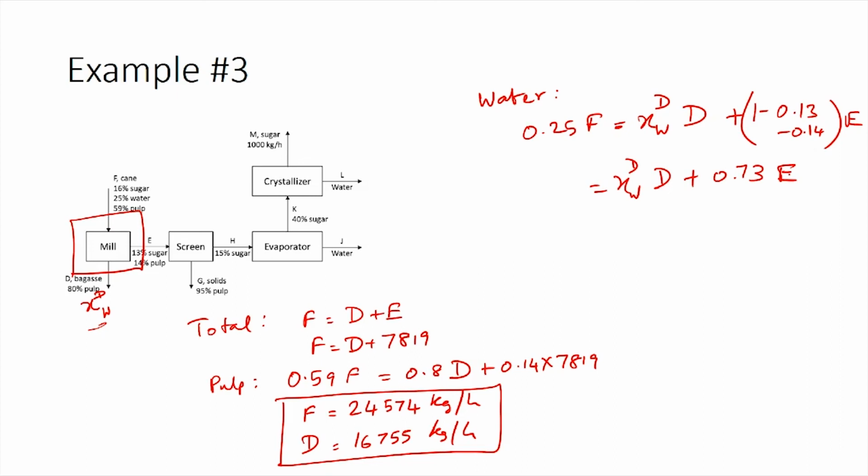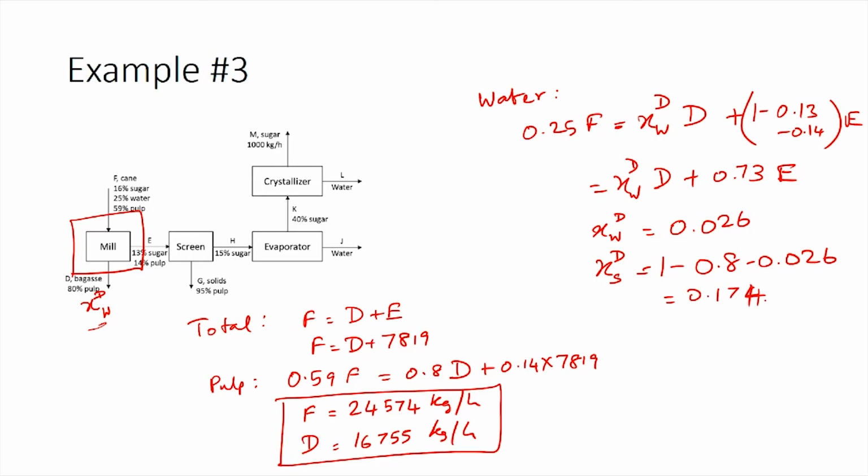Now that we know the values of F, D and E, we can calculate XWD as 0.026, which means the mass fraction of sugar which is leaving through the stream D would be 1 minus 0.8 minus 0.026, giving you a value of 0.174.